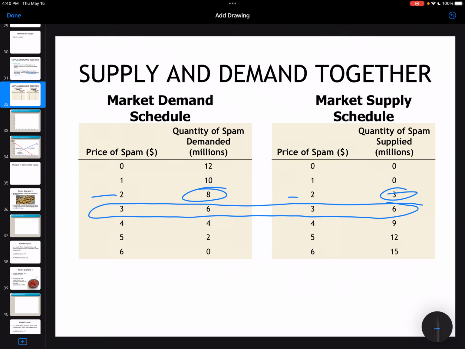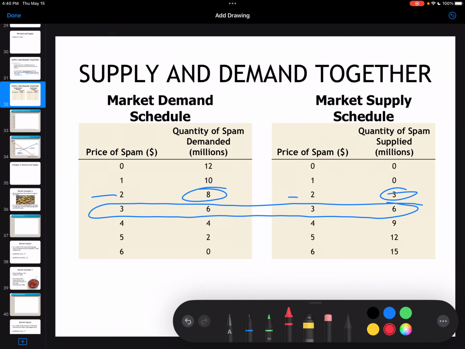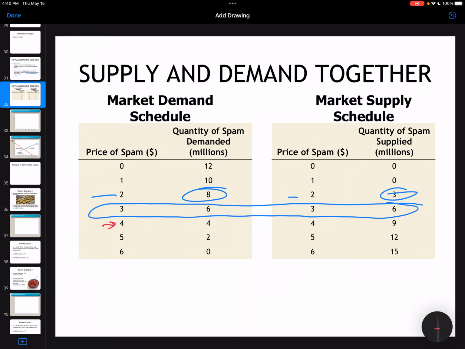And if we go to a slightly higher price, $4, buyer and seller aren't in agreement anymore, because buyers at that higher price only want to buy 4 million cans, and sellers would be willing to sell even more, 9 million cans, but they don't agree. The only point they agree is at a price of 3 and a quantity of 6 million for each.